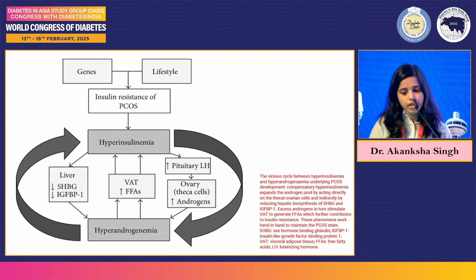It also acts on pituitary hormone to increase androgens in ovary cells by decreasing follicular destruction. All these factors together lead to hyperandrogenemia. Hyperandrogenemia, in turn, acts on the visceral adipose tissue, increasing the free fatty acids, which consecutively leads to hyperinsulinemia in a patient.